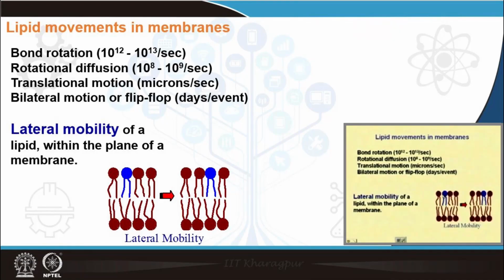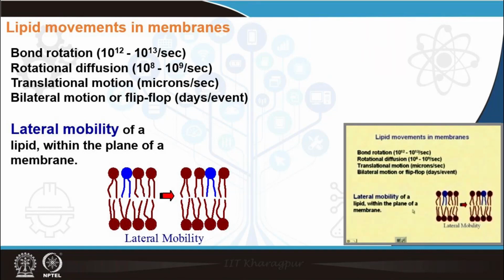Now, you have to realize that this lipid bilayer that has been shown here is just a two-dimensional representation. It is actually a surface. Okay? So, it is either going back or forth or left or right, right? Because you have a surface that you are speaking about.